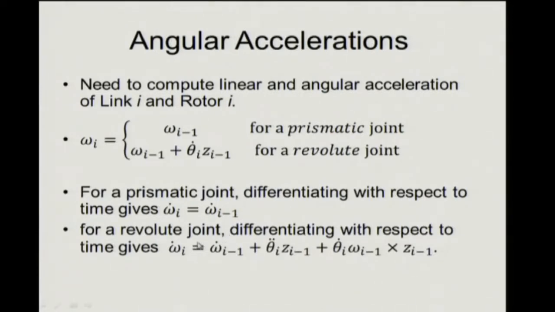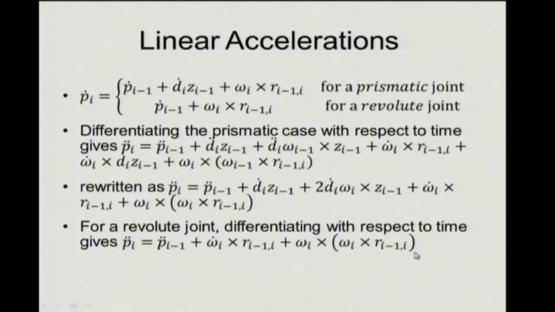For a revolute joint, if you differentiate, you get omega I minus 1 dot plus theta I double dot z I minus 1, and then how do you differentiate z I minus 1? It becomes theta I dot into omega I minus 1 cross z I minus 1. It is routine, just being stated here. It is routine if you have done a course in mechanics.